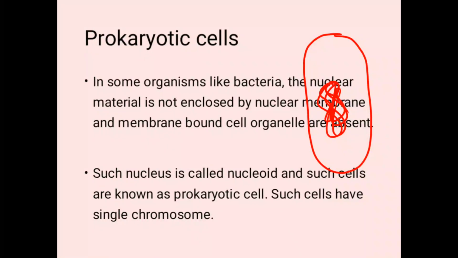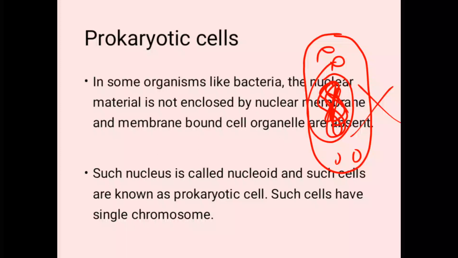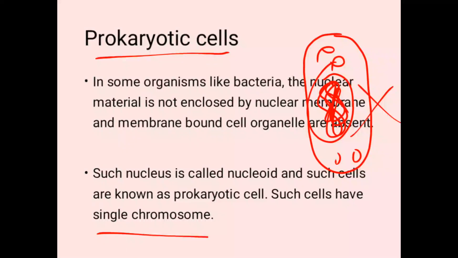It is just present in the cell, not covered by any membrane, and the cell organelles are also not bound by any membrane. That type of cell is said to be a prokaryotic cell. Mostly these prokaryotic cells have a single chromosome. Example, bacteria.